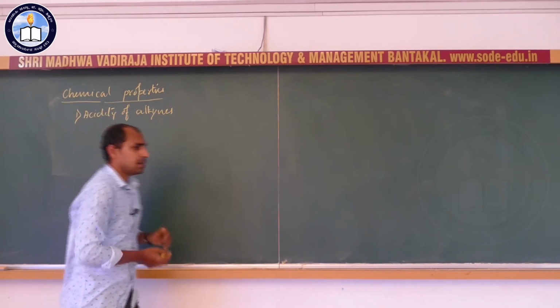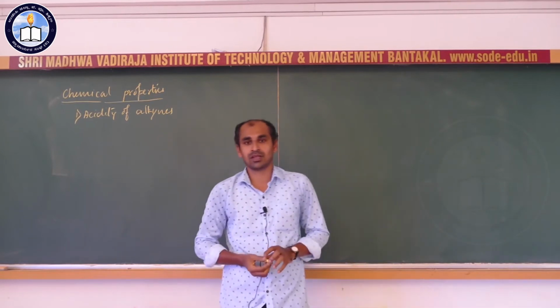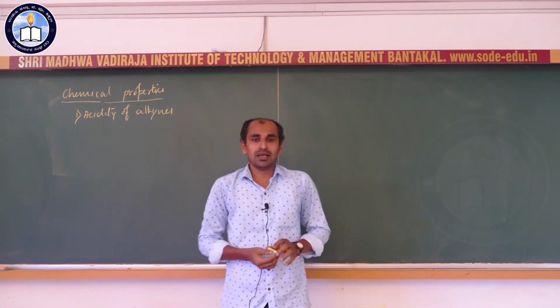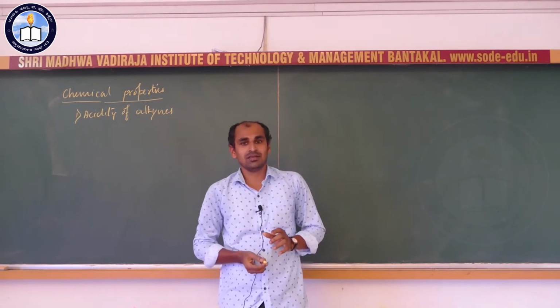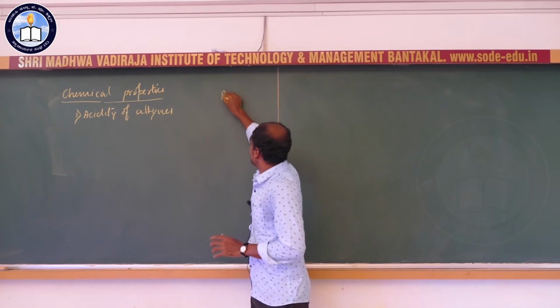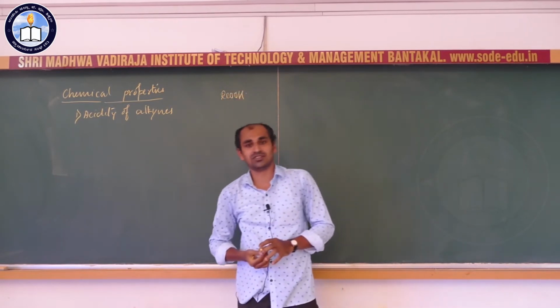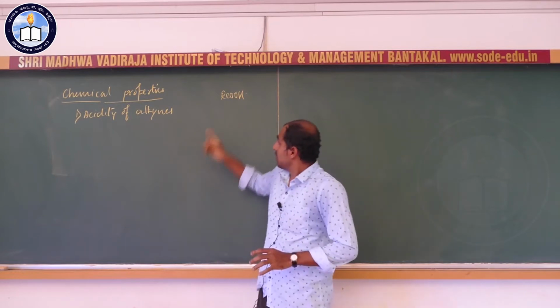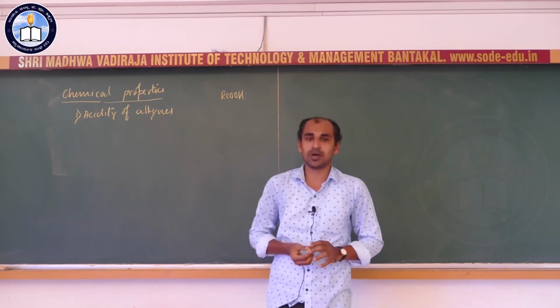So, the first chemical property is acidity of alkynes. You see, acidity means generally we call carboxylic acids, RCOOH, acids. But there are some other molecules which also have little acidic property.